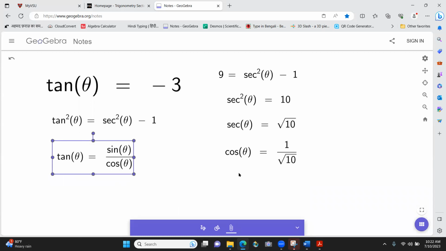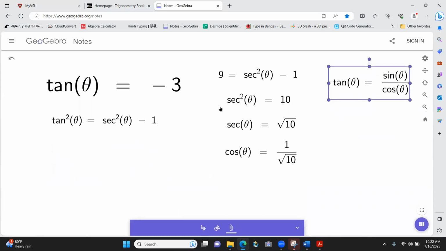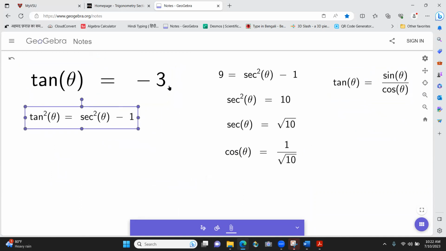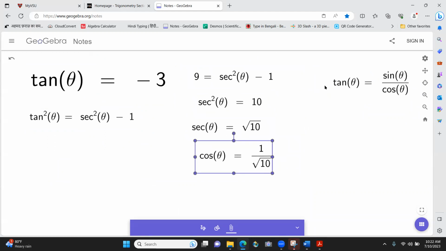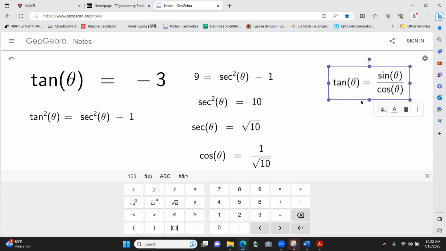So let me see where I can do it. I'm going to actually do it here, that way we can keep track where things are. So this is part 2, and this is our final part. Instead of tan theta, I can write -3, and instead of cosine theta, I can write 1 over square root of 10.